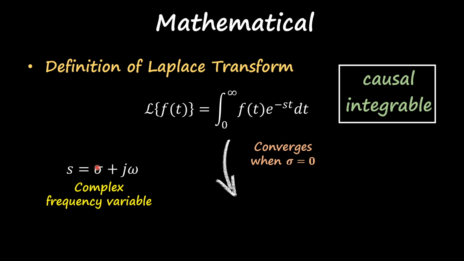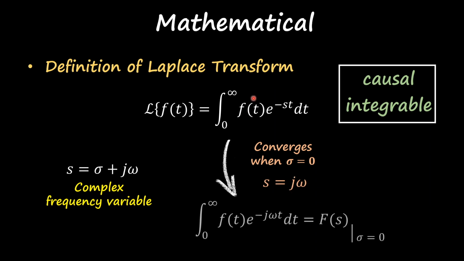If I substitute that 0 over here, then we get s equal to j omega, and if I substitute this into our integration, you get the Laplace transform of your f of t, as long as the real part of that s is equal to 0.